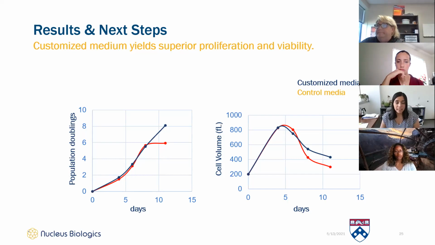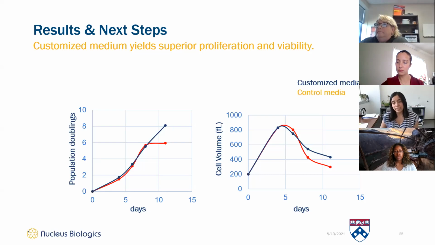As you see in the graph on the left, which shows the population doubling over days, my control media, which is red, plateaued by day 10, but cells grown in the customized media that I picked are still growing, and this shows that they have higher function.